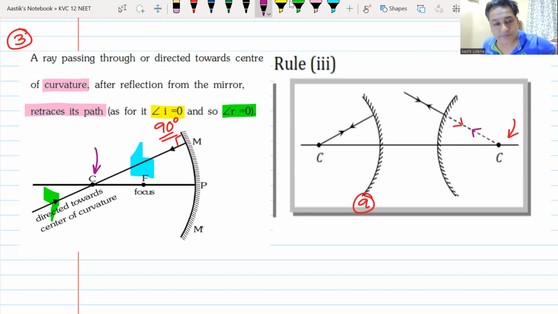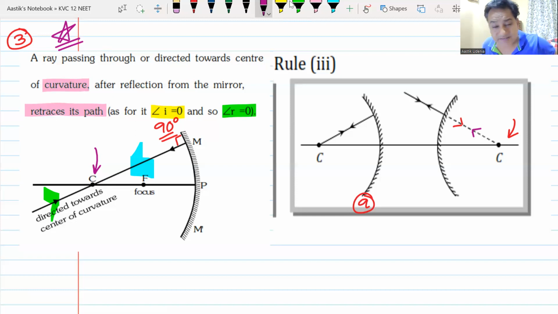Two diagrams. And remember, this is a very important concept, and it might help us in solving some so-called difficult problems. Whenever they say that the image of the object is formed at the same place, the ray must retrace its path.